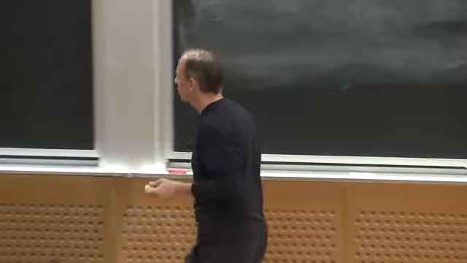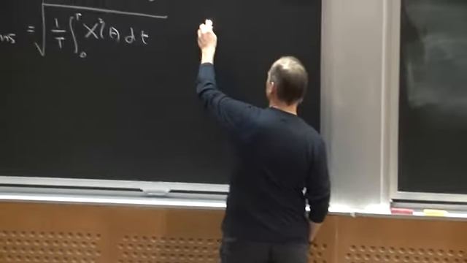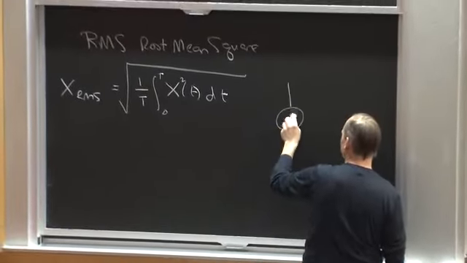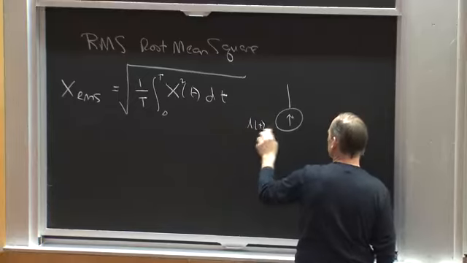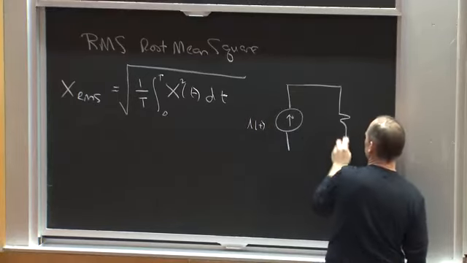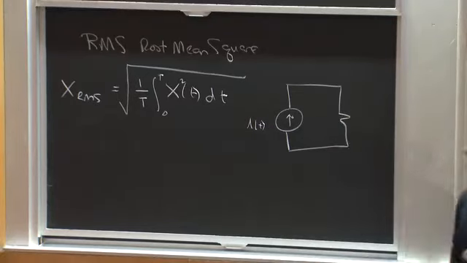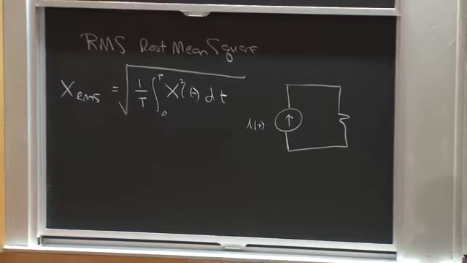Why? Because suppose I had, for example, a current waveform i of t into a resistor, okay? And I said, how much power is being transferred into that resistor on average?